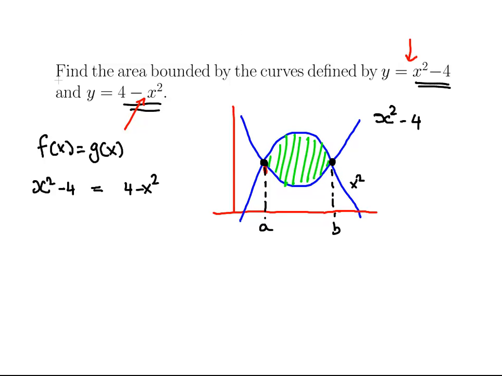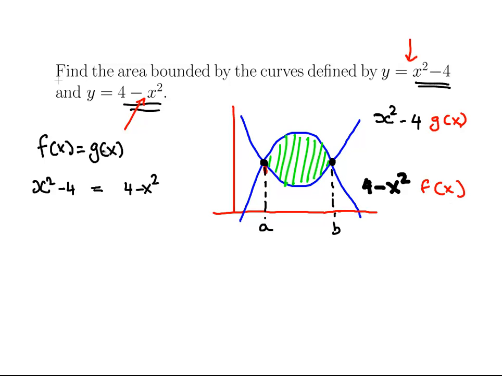It's really hard to do that. I'll try a different approach here with my pens. This one down here, the upward facing curve, is 4 minus x squared, that one there. So I'm going to let this one equal g of x and let this one equal f of x.